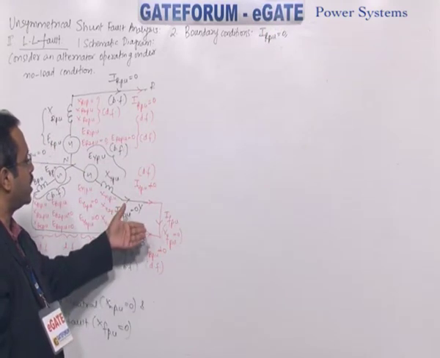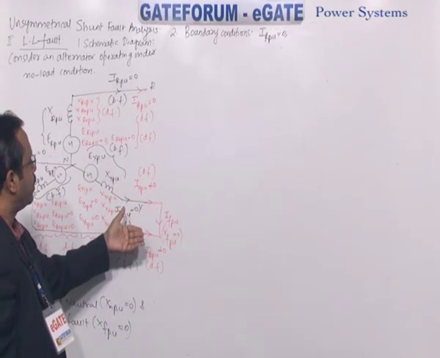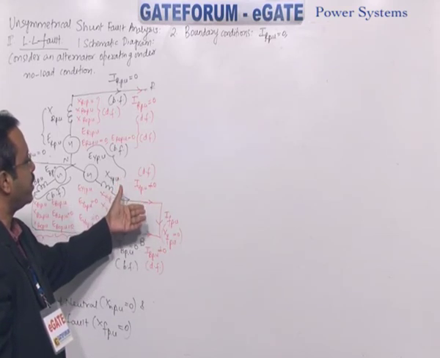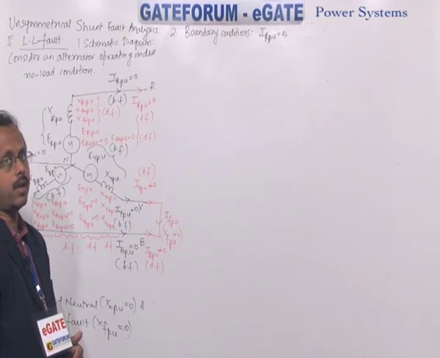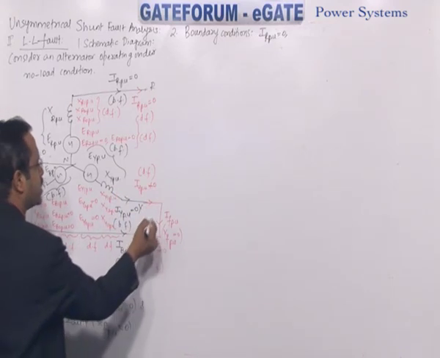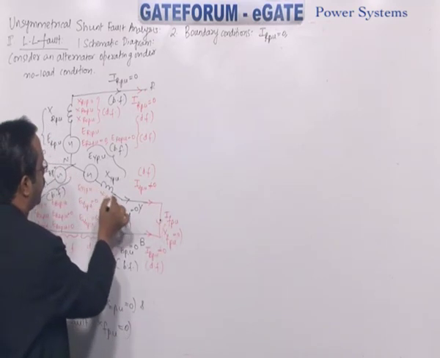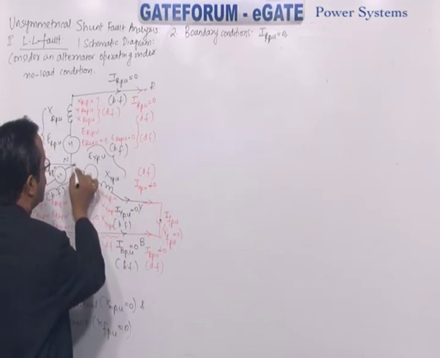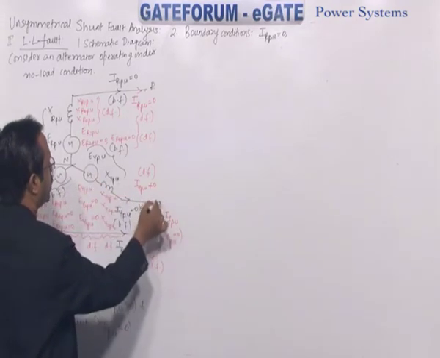Now for voltage involving Y phase and B phase, what is VY per unit and VB per unit? Both are equal. You can check here, there is some common point. Through the Y phase, the terminal voltage is VY per unit.